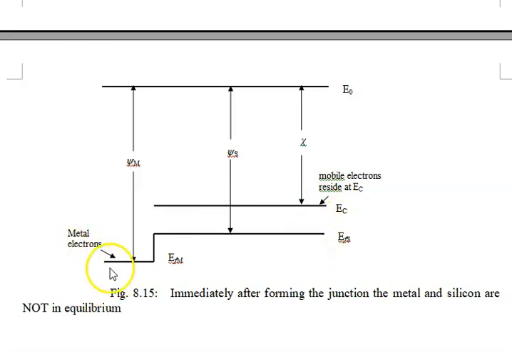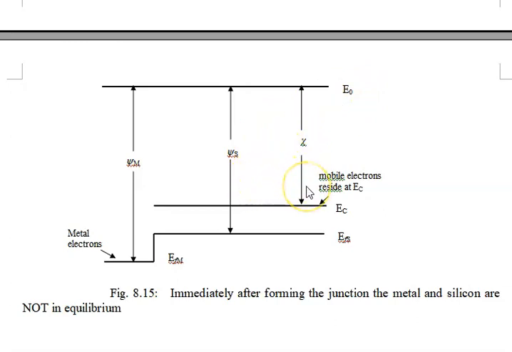They just have a work function. That's the amount of energy that it takes to free an electron from the surface of the metal and basically, boom, kick it out into free space. So if we're going to compare apples to apples, we need to have this energy level, E0, the free energy level, for the silicon as well.